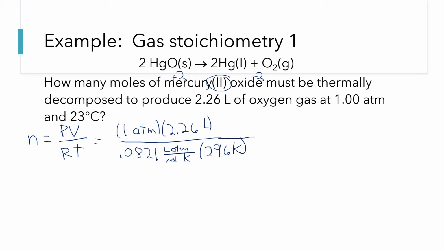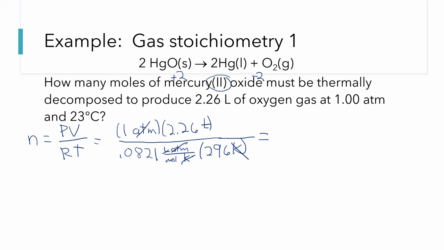So notice that all of our units are okay. We have liters canceling with liters, atmospheres cancel with atmospheres, Kelvins cancel with Kelvins, and then in the denominator we have 1 over moles. So when you invert and multiply, we're going to end up with just plain old moles for our unit.